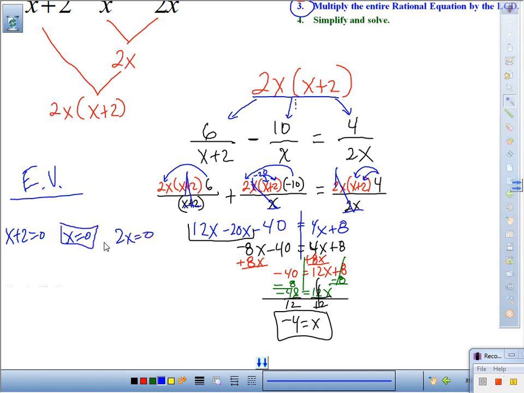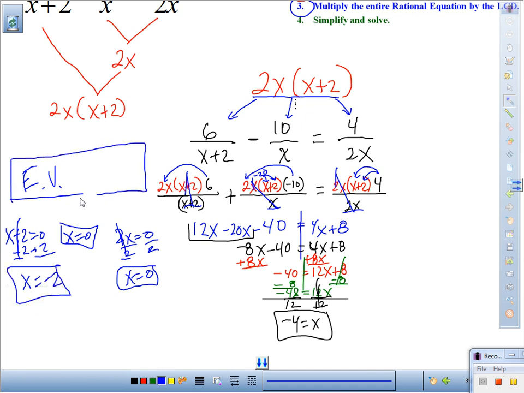This one's already solved. Divide by 2. x equals 0. And this one, minus 2, minus 2. x equals negative 2. So my excluded values are 0 and negative 2.